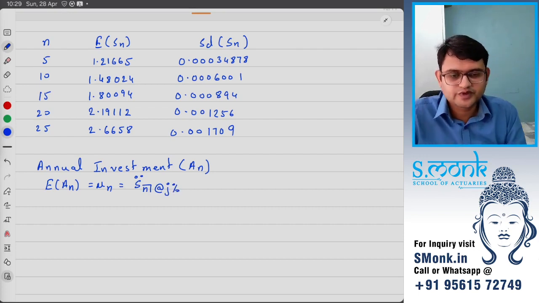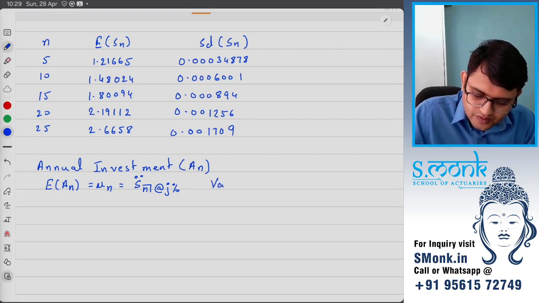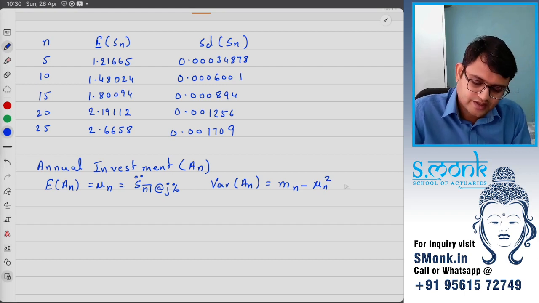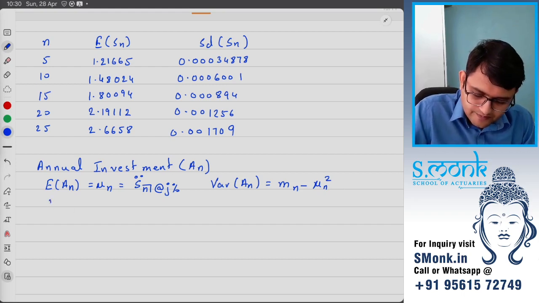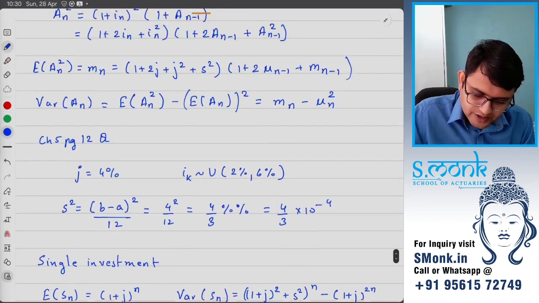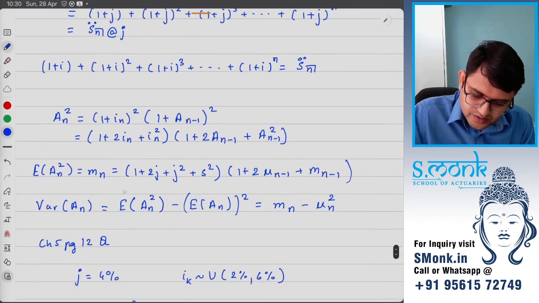And variance of AN, we say it is Mn minus mu n square, where Mn is, so we wrote the formula for Mn here, right? This is our Mn.